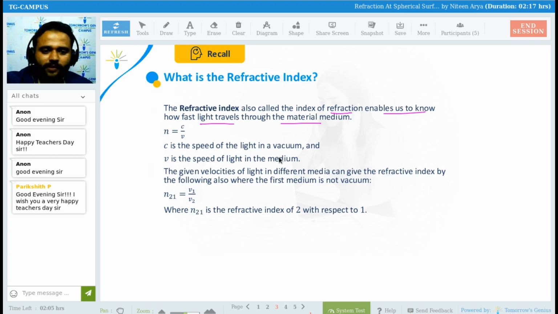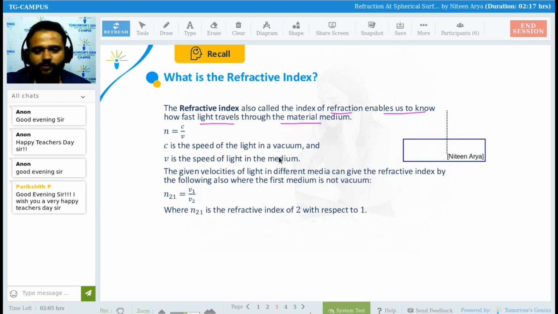In general, what we assume: if it is a glass slab and it is medium 2, this is my normal. For this particular normal, if this is the incident ray, the refracted ray is going to be a little bit tilted.